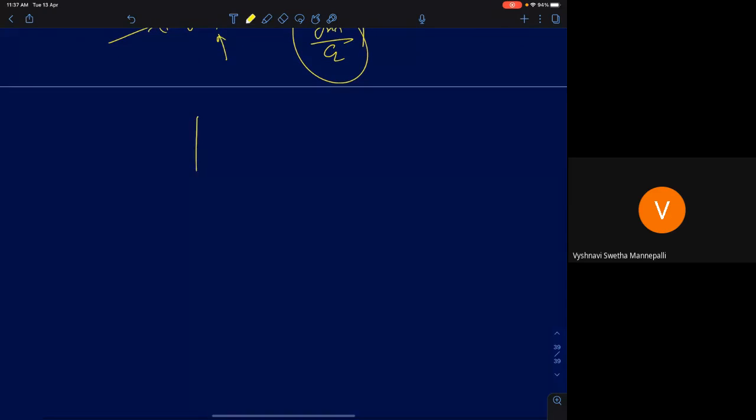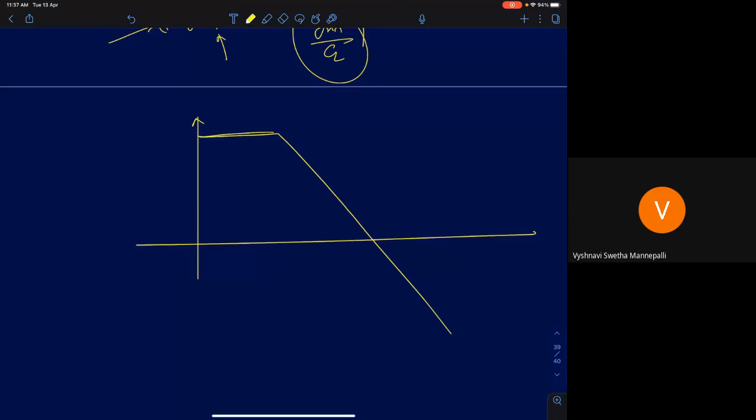So if I graphically show this, I can easily show it for a common source amplifier. It will look like this. So this is omega_p,CS, and this is 20 log mod of A_CS.